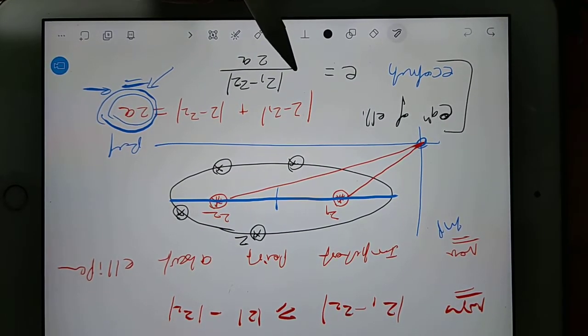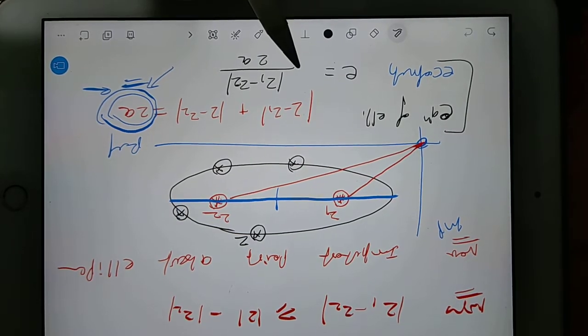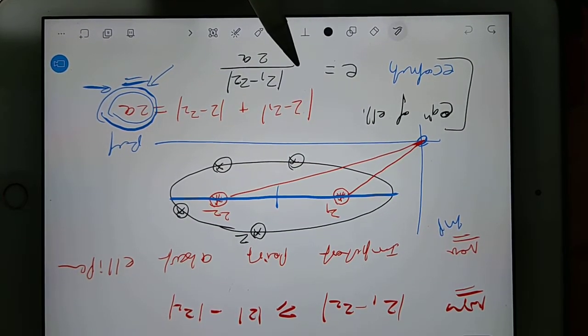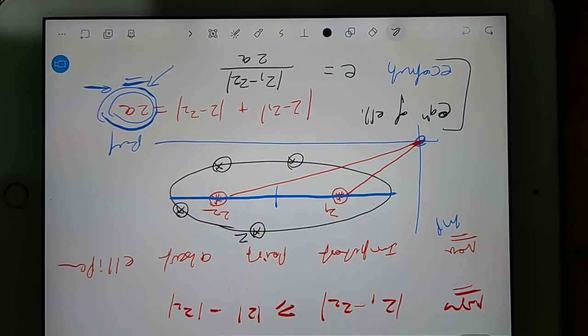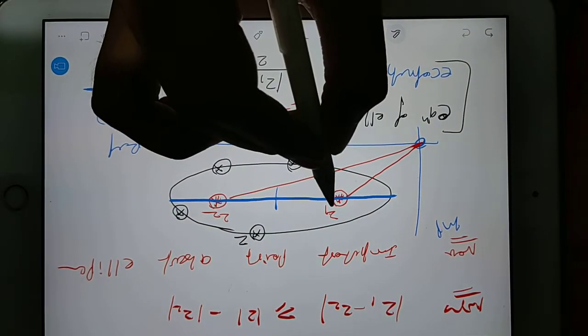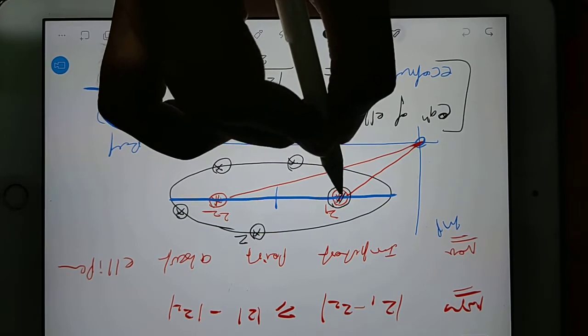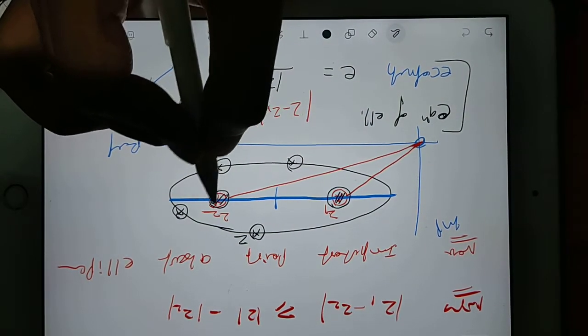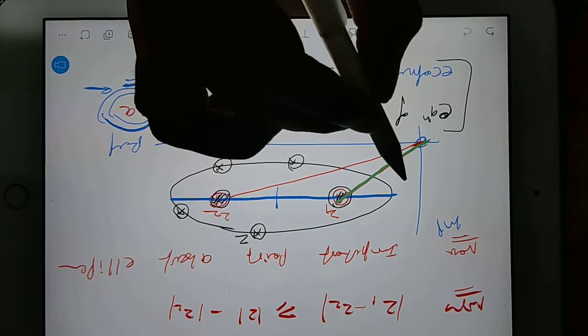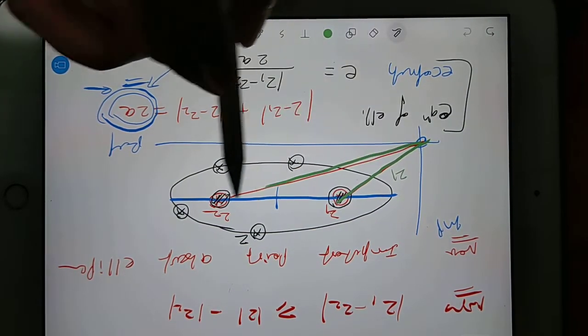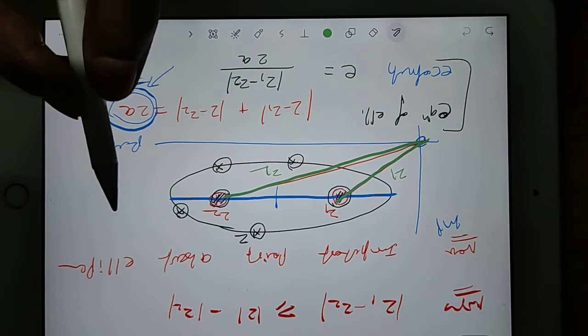Now we'll go for a basic theorem that is very popular. Now we are going little advanced. This guy is one focus of the ellipse, this guy is another focus of the ellipse, and these lines are nothing but complex number Z1 and complex number Z2, right?